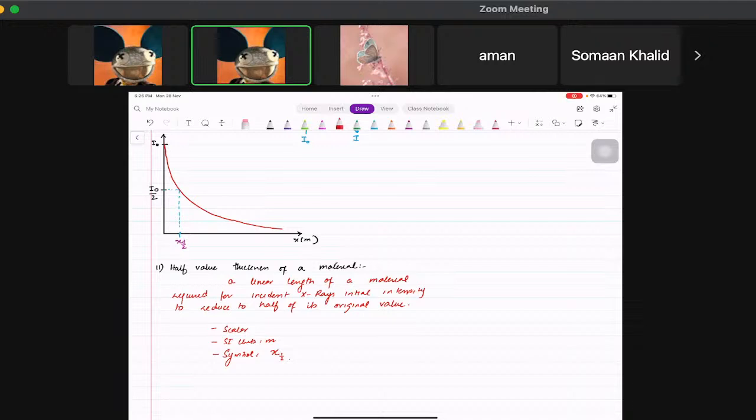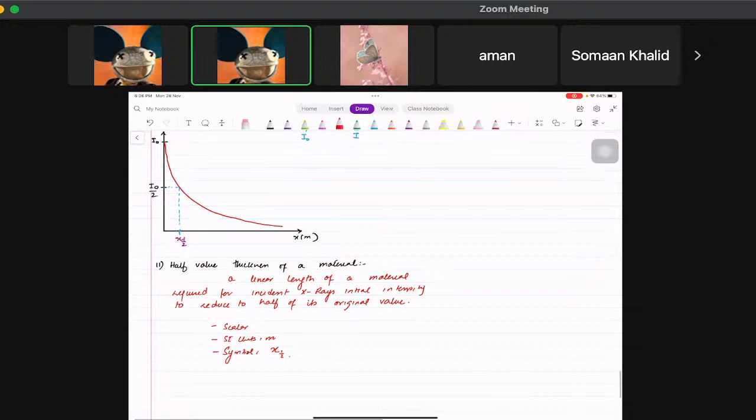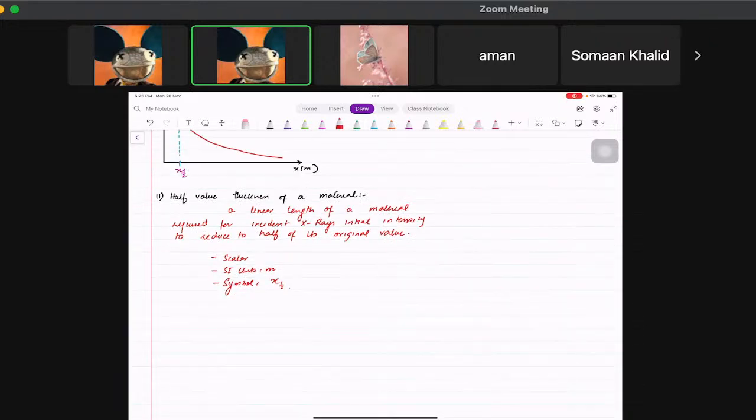Now, suppose they give you a question where they say express half value thickness in terms of mu. Okay, that's how we generally do it.